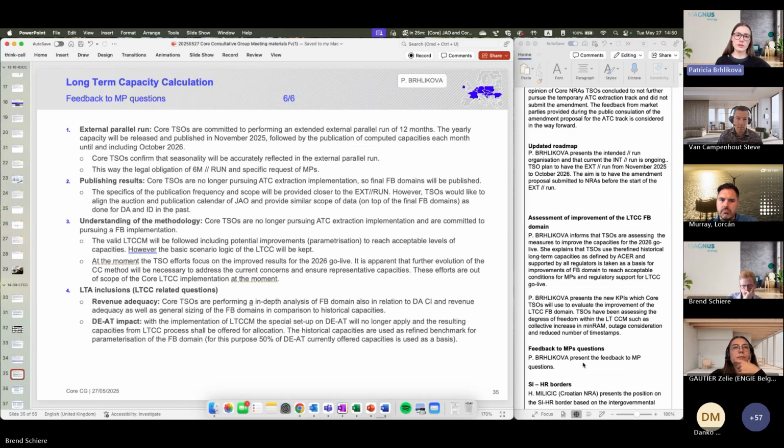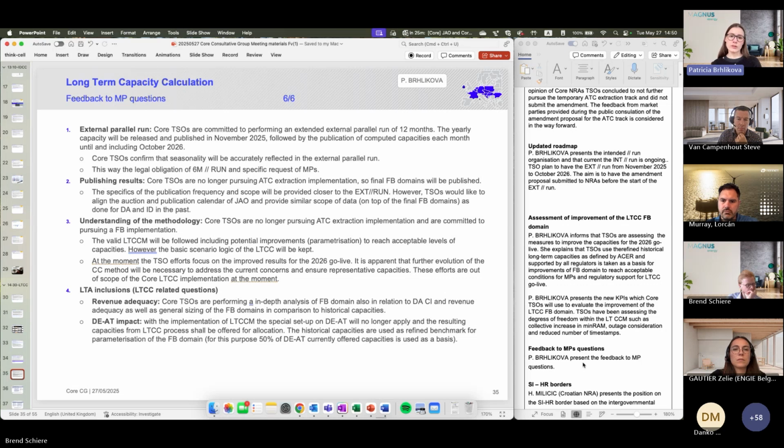As said, the specifics of the publication frequency, scope, and basically all the details would be communicated closer to the external parallel run. And also we would like to as much as possible align our publication during the external parallel run with the production timeline. So basically then market participants would be able to compare the results hand in hand and almost in real time, let's put it this way.